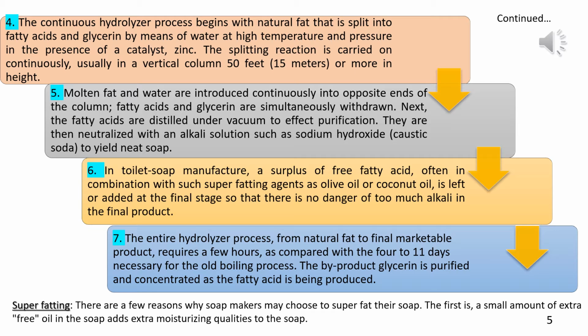The byproduct glycerin is purified and concentrated as the fatty acid is being produced. So, the continuous hydrolyzer process has the advantage over the boiling process. The boiling process takes about 4 to 11 days to complete the entire process, while the hydrolyzer process takes about few hours to complete the process.